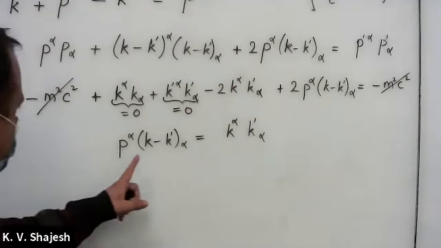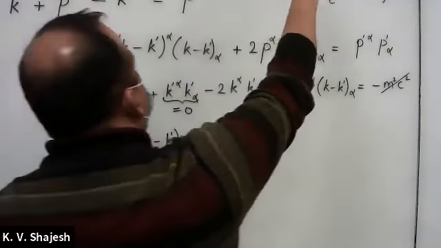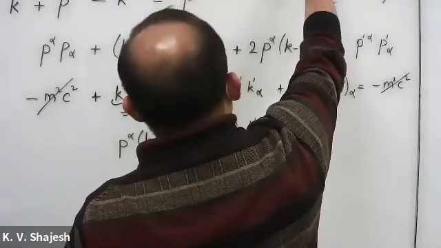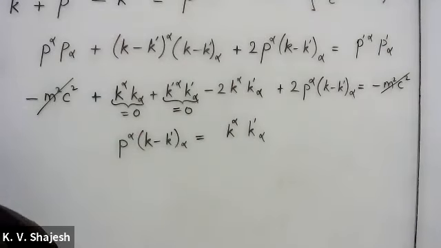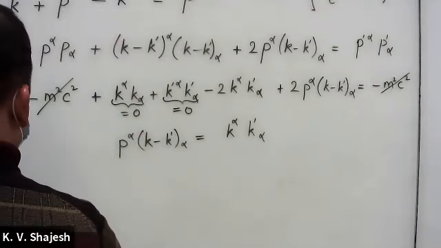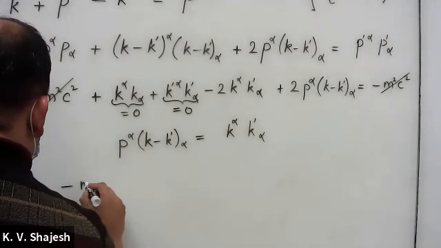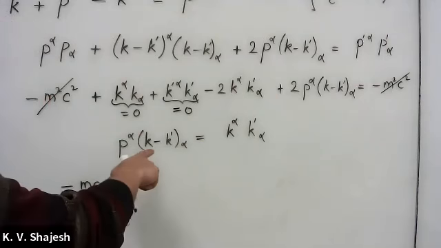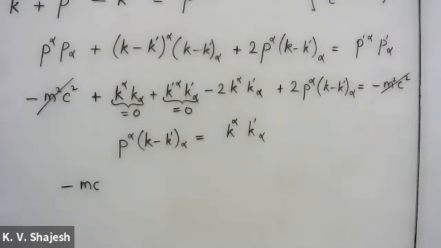Remember that this is a product of 4-vectors, so I have to do the appropriate product between P alpha and K alpha, and P alpha and K prime alpha. Let me do that. P alpha is MC, so this is minus MC, right? But since it is at rest, it is only the magnitude that contributes.